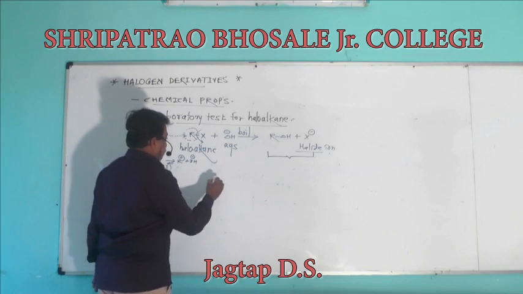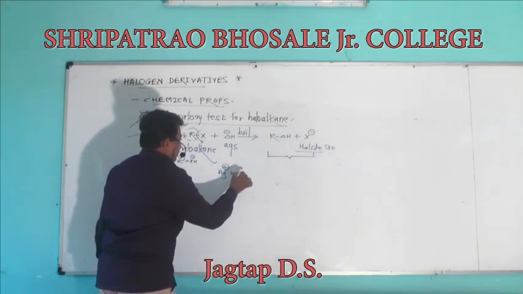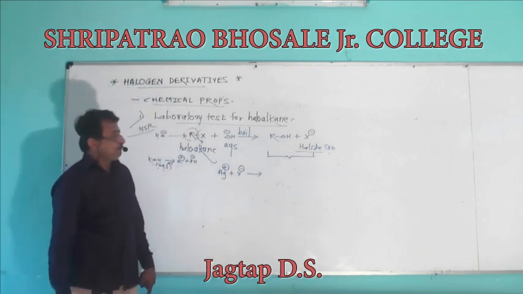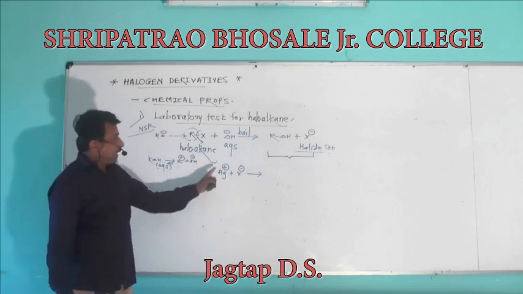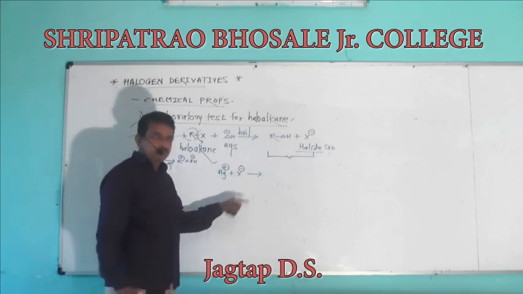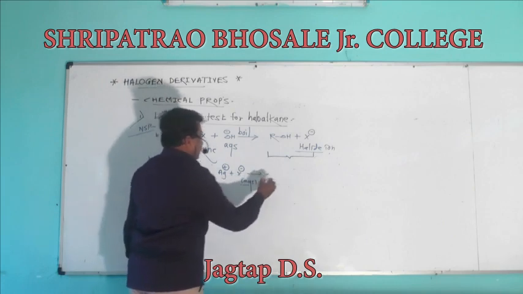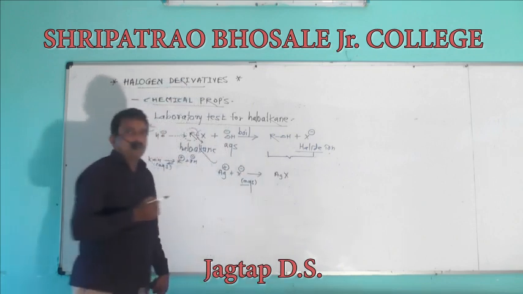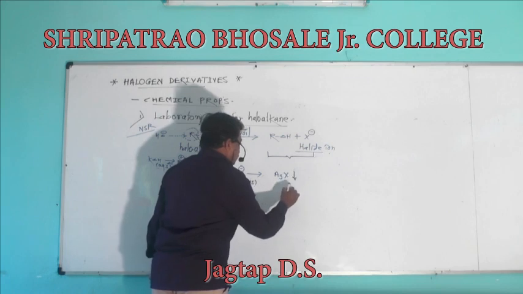That is, Ag plus, the oxidation state of silver being +1, immediately reacts with halide ion to form a white precipitate of silver halide.